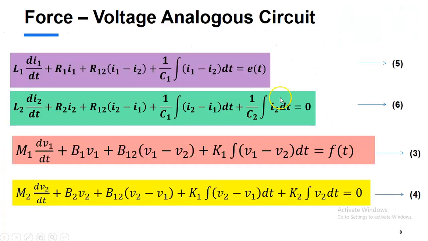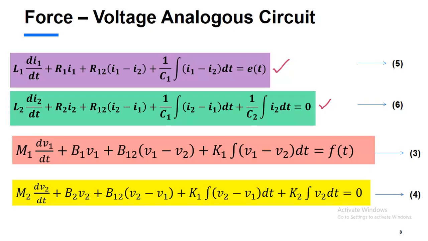Now I have written equations 5 and 6 from the force voltage electrical analogous circuit, and equations 3 and 4 are basically the differential equations governing the mechanical system. If you compare equation 3 with 5, it is more or less similar, with all the elements similar.